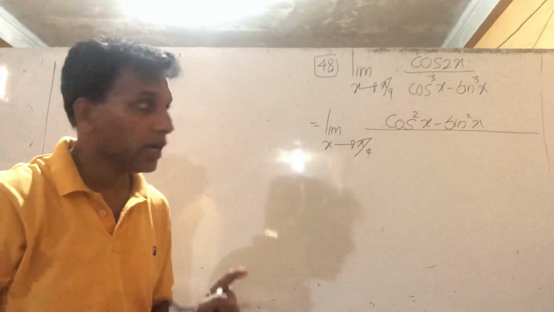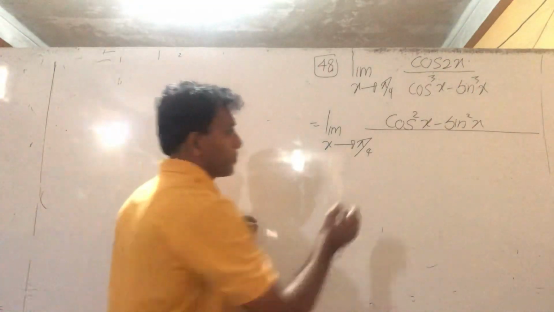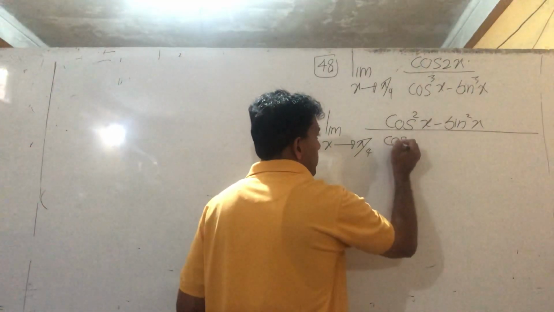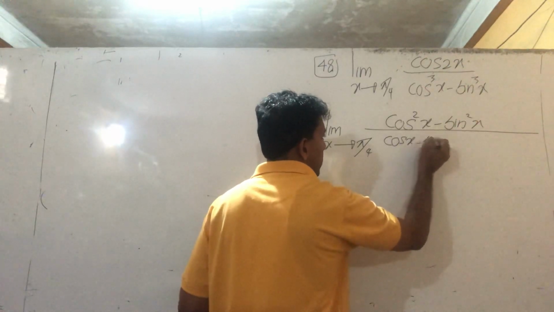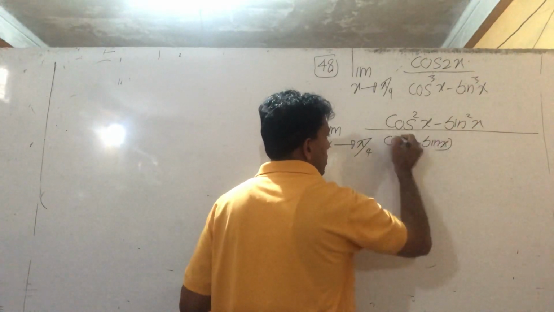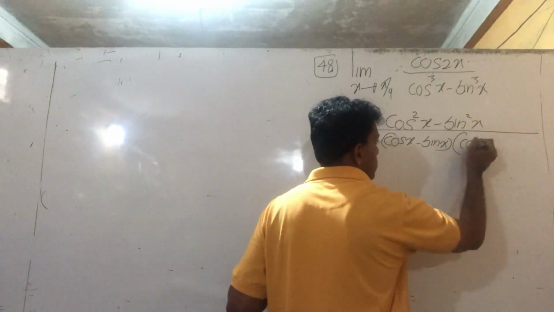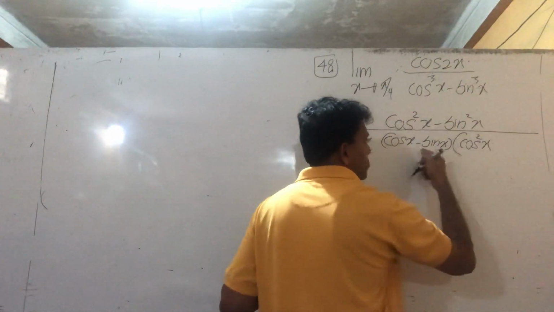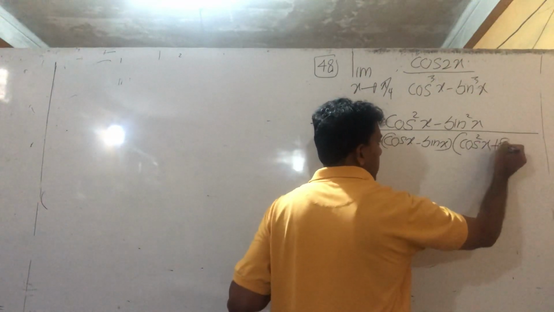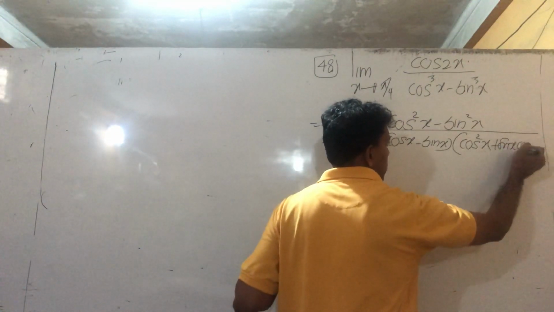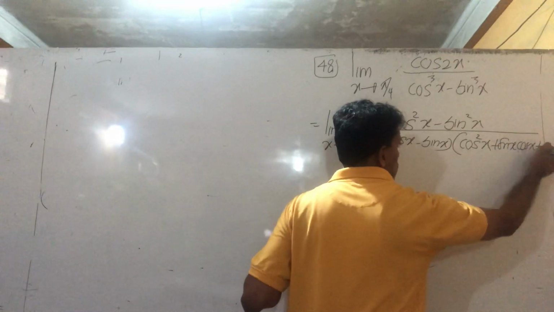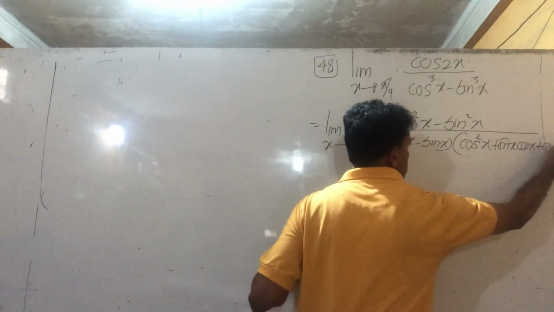What are the factors? A minus b, one factor: cos x minus sin x. The other one: a square plus ab plus b square, that is cos square x plus sin x cos x plus sin square x. Okay, you can do this.